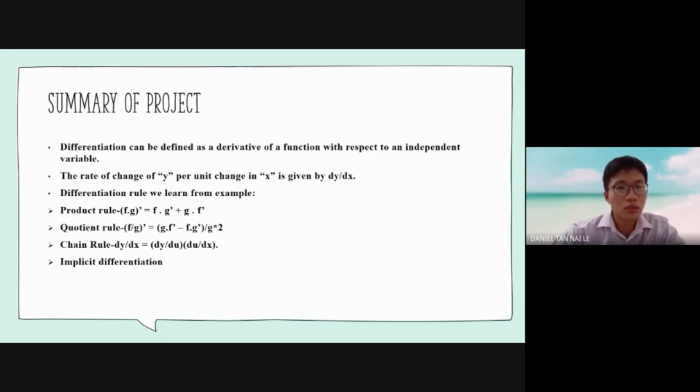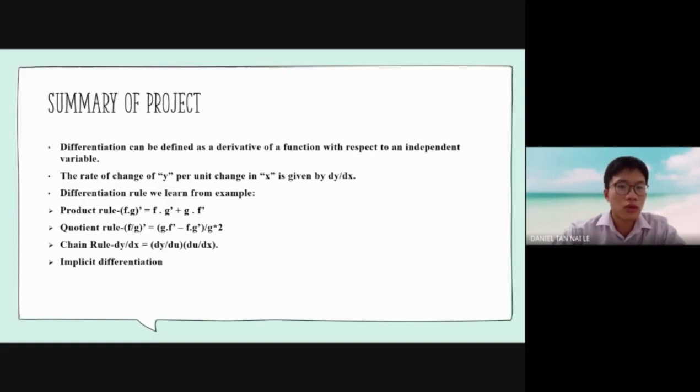After that, the quotient rule is similar to the product rule, but the function is in the form of f(x) divided by g(x). The derivative is (f/g)' equals (g times f' minus f times g') divided by g².